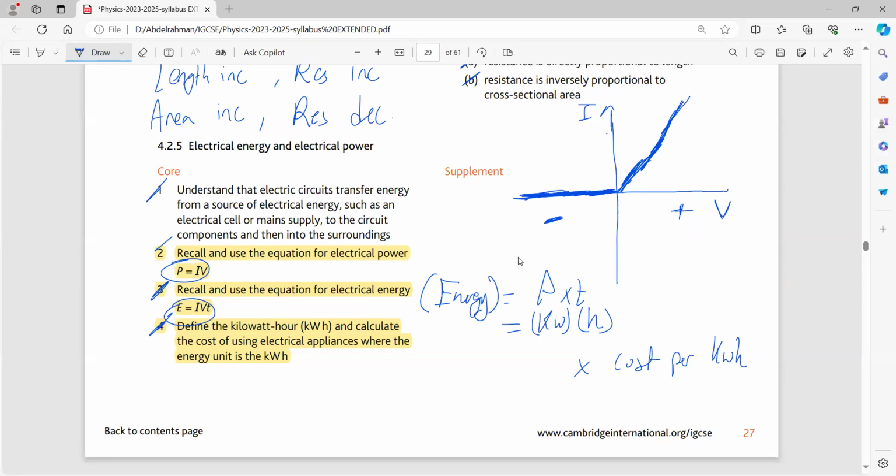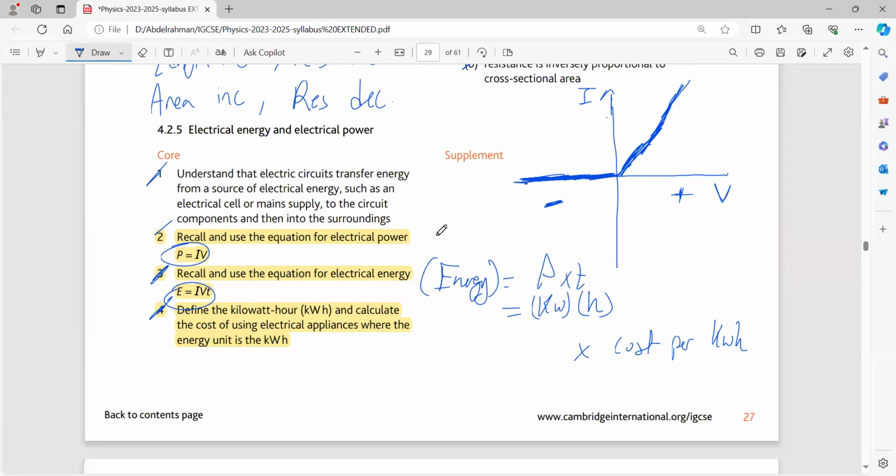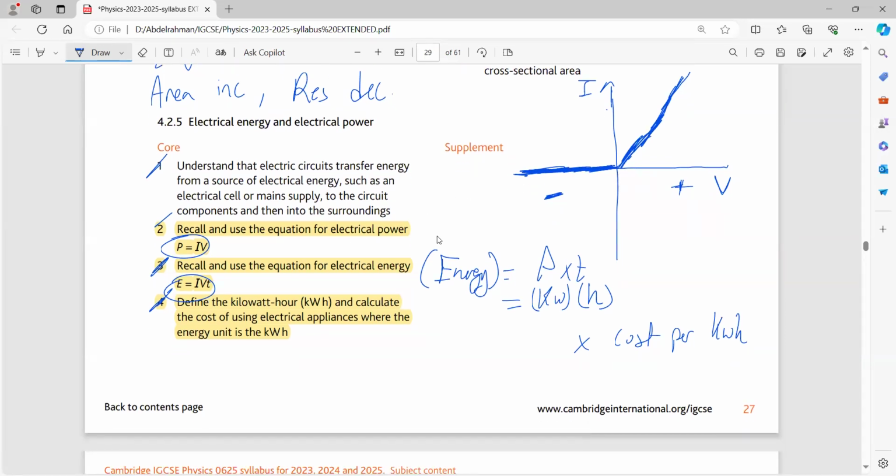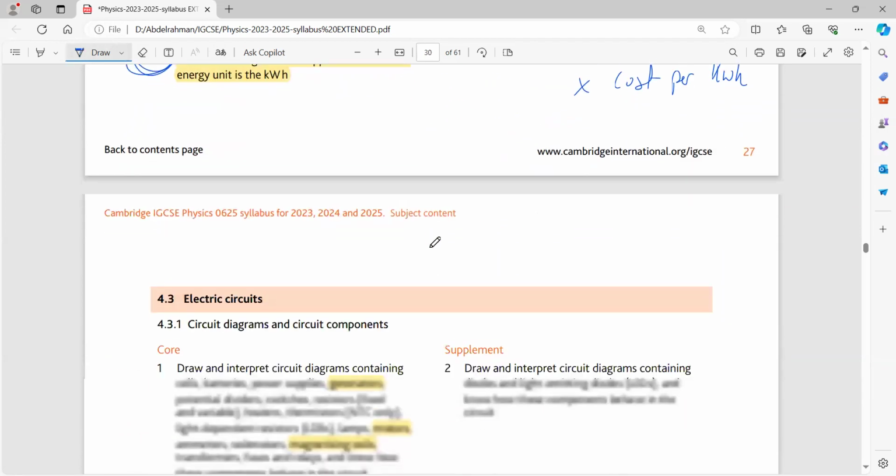Okay, that's the total cost. It's quite expected to have one of these questions in your test. Not all of these. I'm talking specifically about the kilowatt hours.